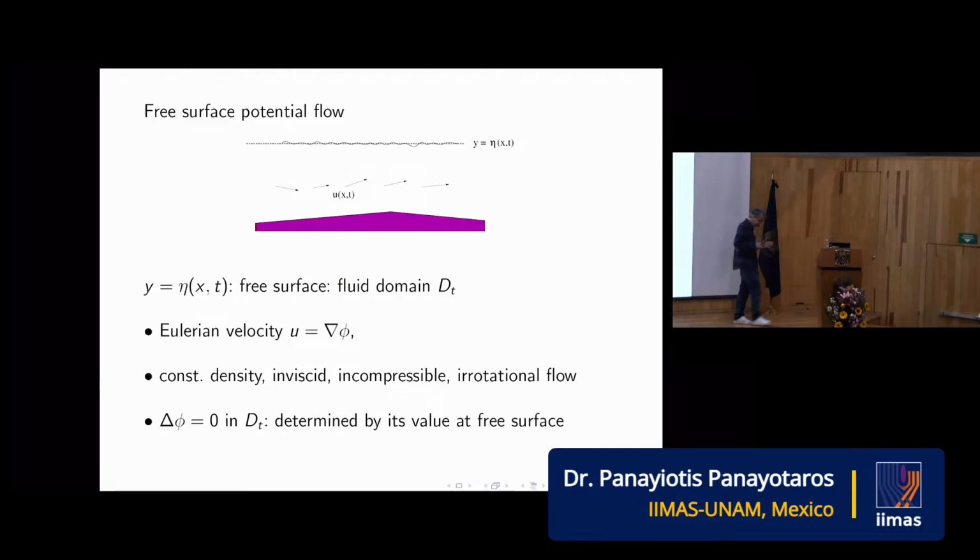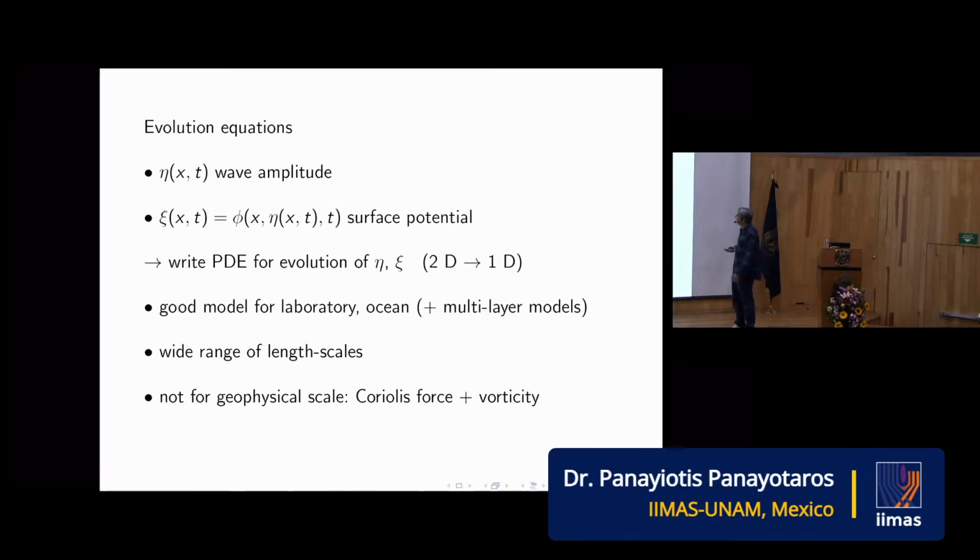So this is in some sense a very standard assumption to make when you study water waves, although it looks very special, but it has actually been used for over 2 centuries, and quite successfully.